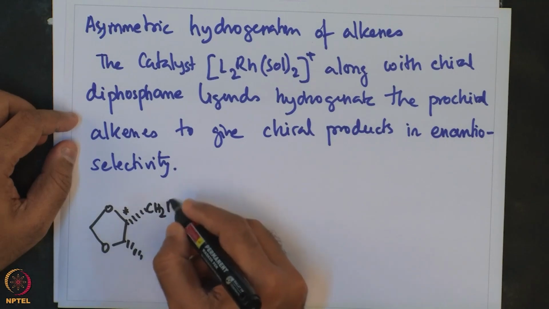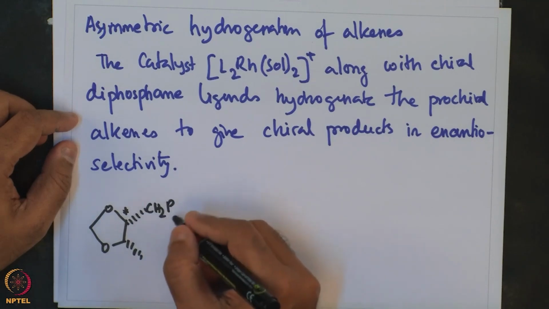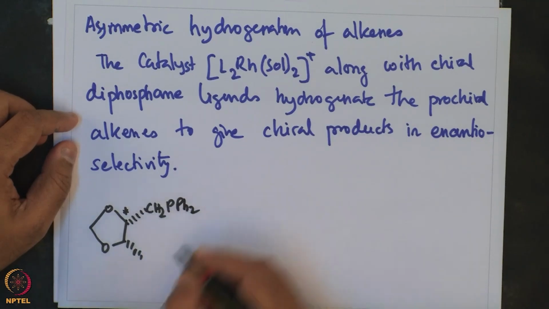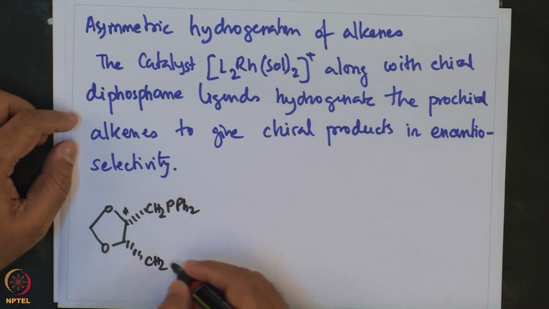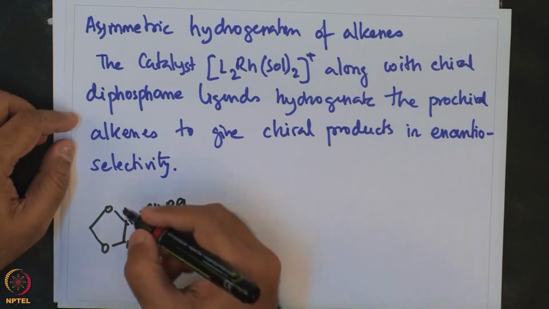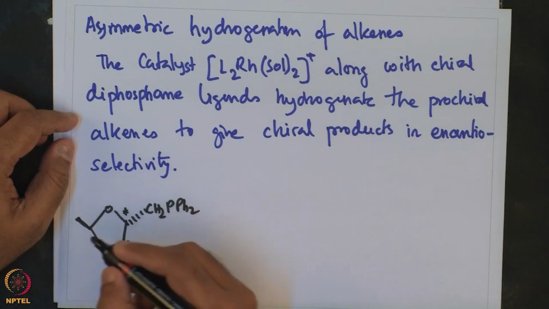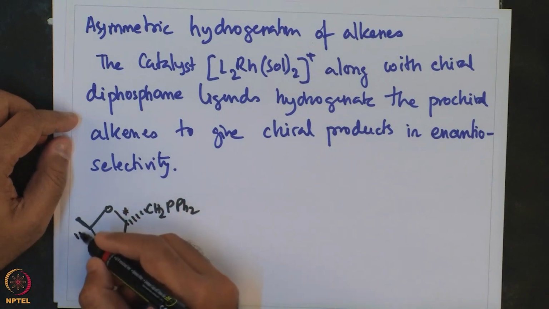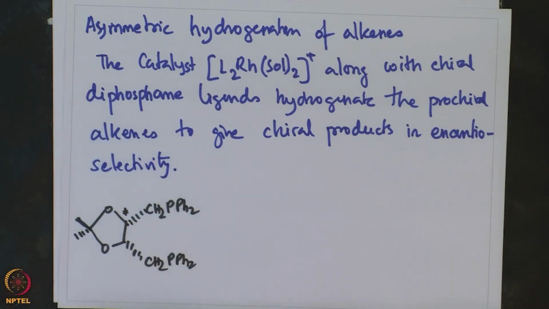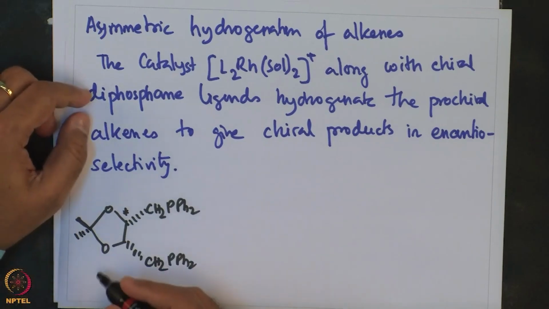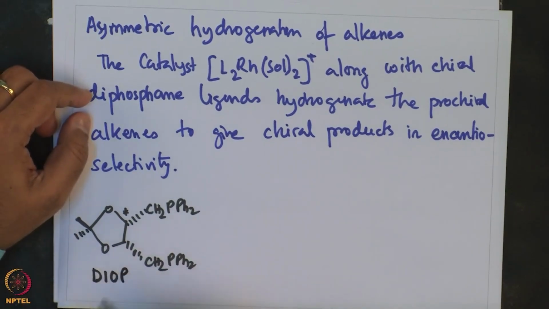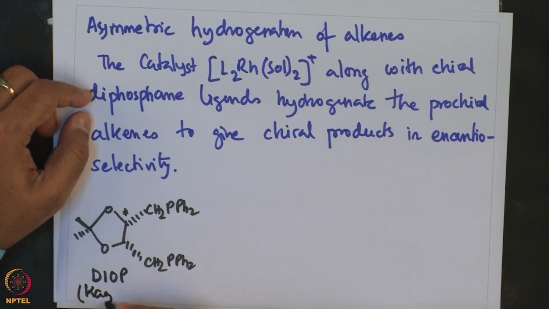CH2 PPh2, CH2 PPh2, and this dimethyl compound is called DIOP, and this was reported by Kagan in 1972.